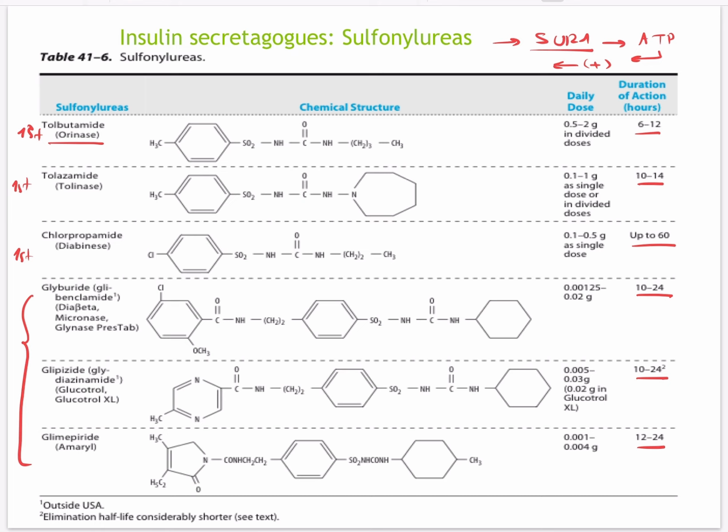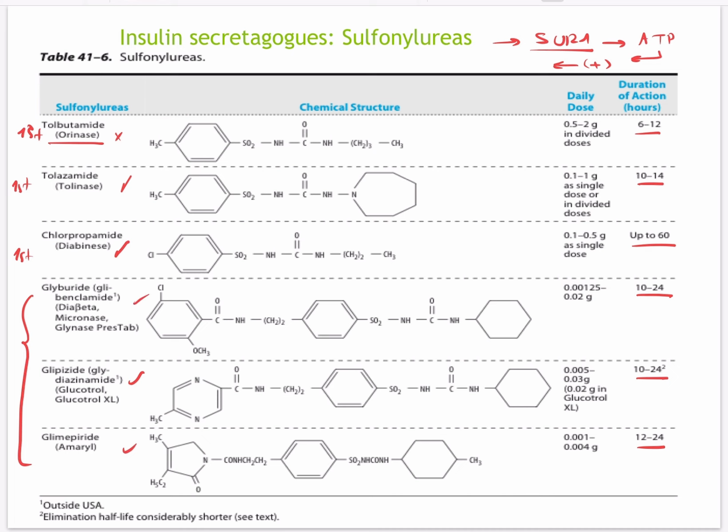Usually tolbutamide's metabolite is inactive, but tolazamide is metabolized to an active form, and chlorpropamide is metabolized to an active form, and the others are also metabolized to active forms.